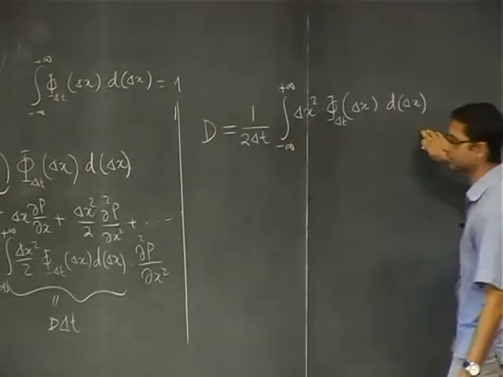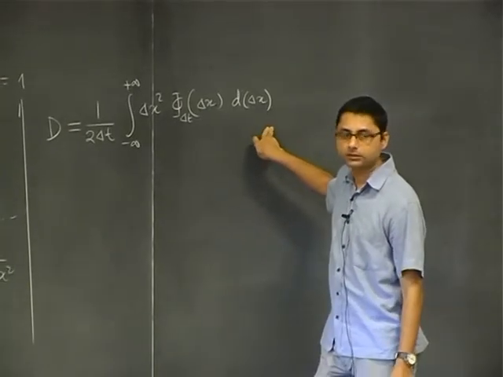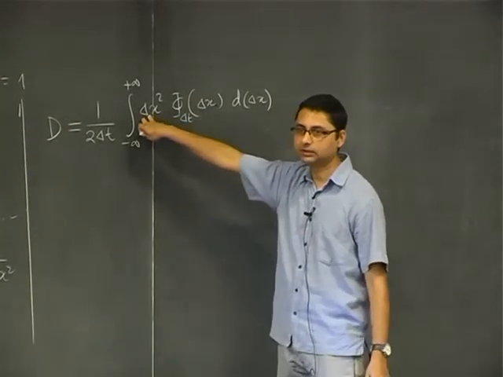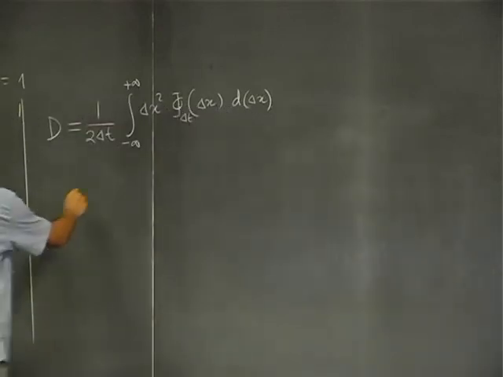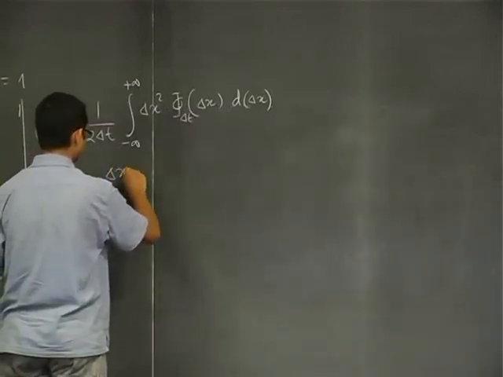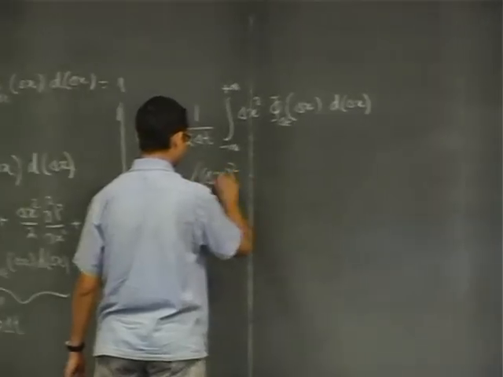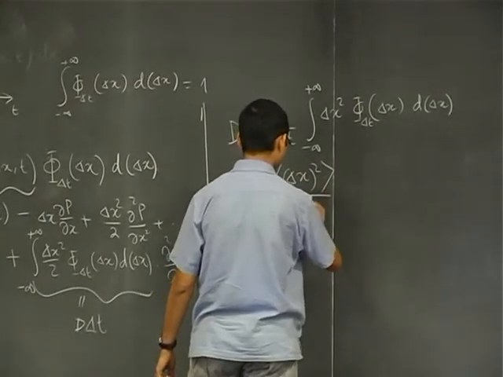Now what is this object? This is just the expectation value of this one. So therefore D is equal to delta x square expectation value divided by 2 delta t.